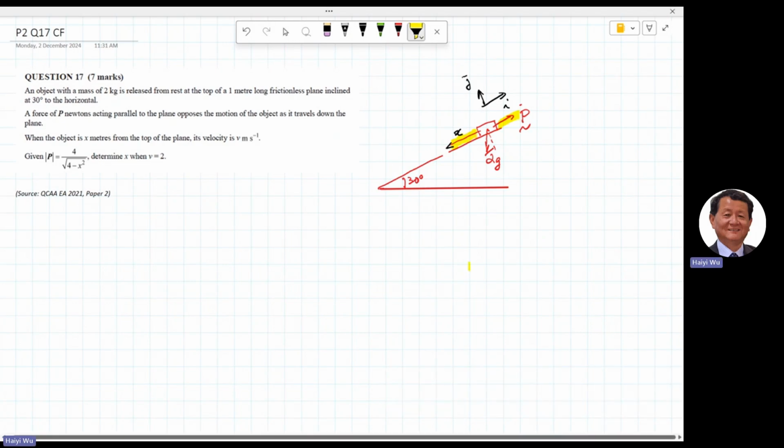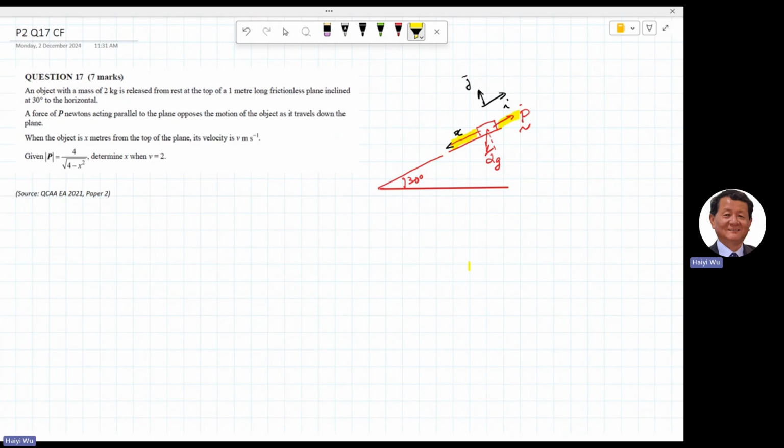There is no friction, so we ignore friction. The hill is at 30 degrees to the horizontal, going down. P is a force in newtons acting parallel to the plane, opposite to the motion, so that direction is upwards, while the object travels down the hill.